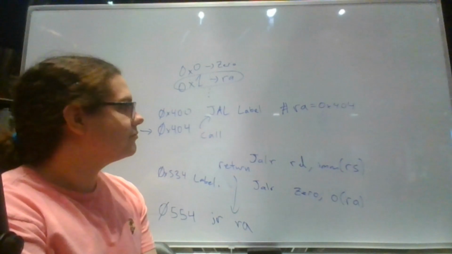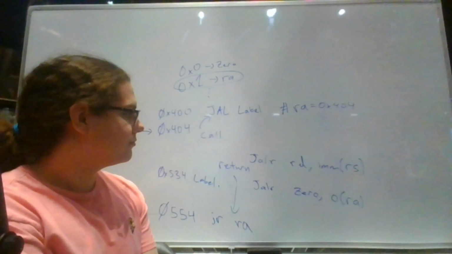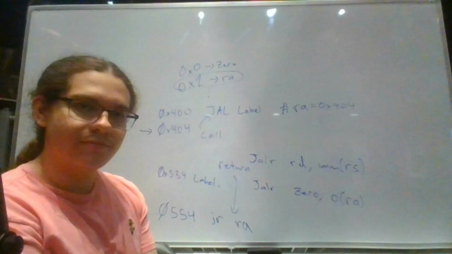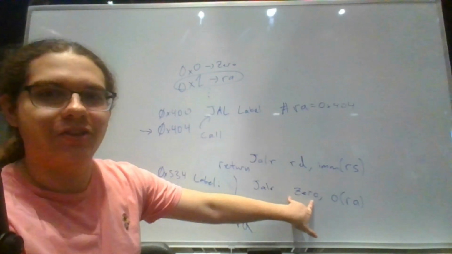I think it may have something to do with the JALR part. It does, yeah. So we link the jump part here. So this is the LR part, the link register.